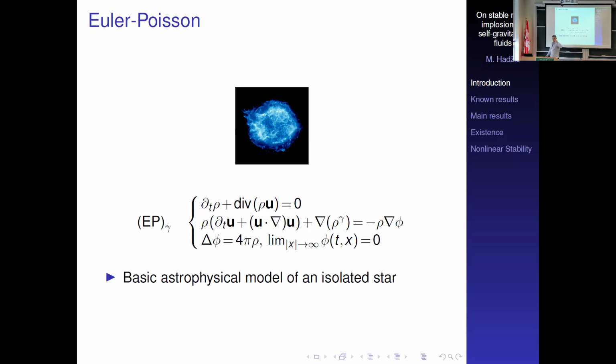That boundary condition states effectively that this is an isolated star. Or in the language of GR, you would call this an asymptotic flatness assumption. This is important because it also tells you that you have to consider spatially inhomogeneous objects, because otherwise this wouldn't be compatible with the assumption of asymptotic flatness.